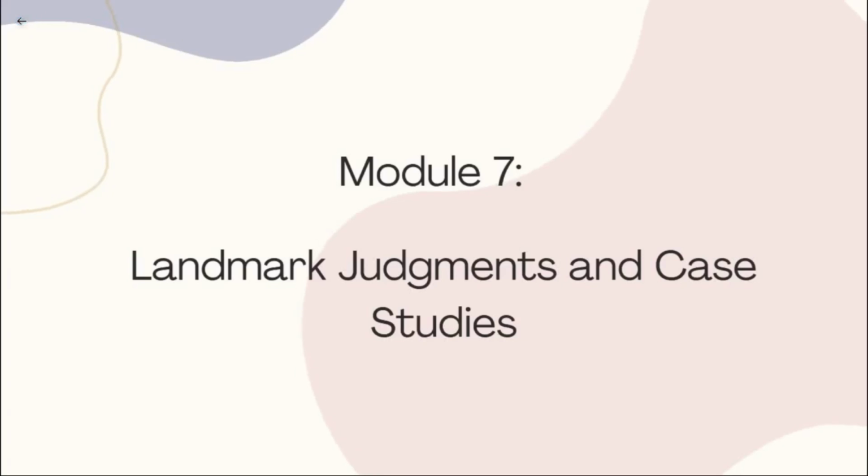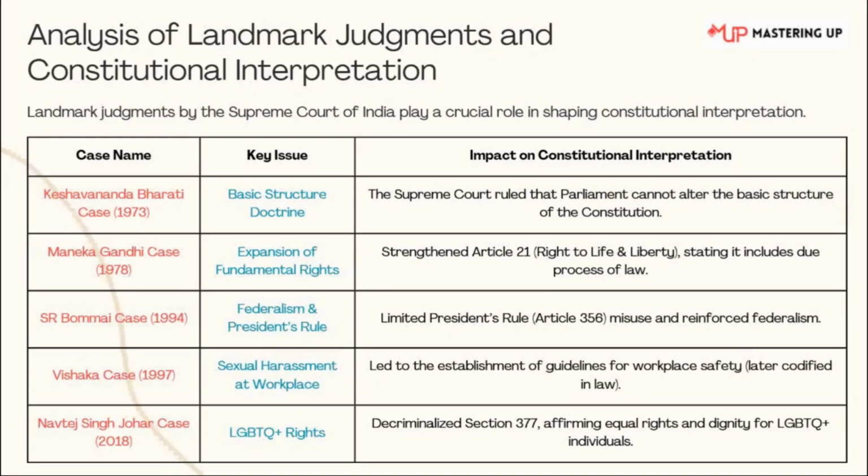In this module, we study the landmark judgments and case studies which helped shape the Constitution of India. The below listed landmark judgments by the Supreme Court of India played a crucial role in shaping constitutional interpretation.